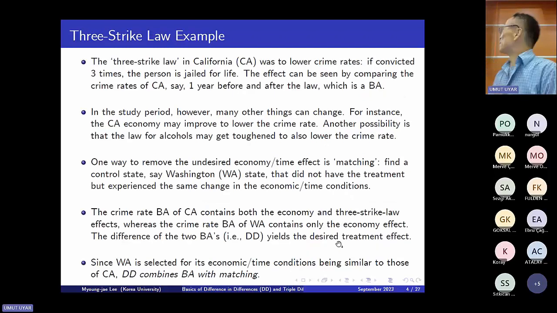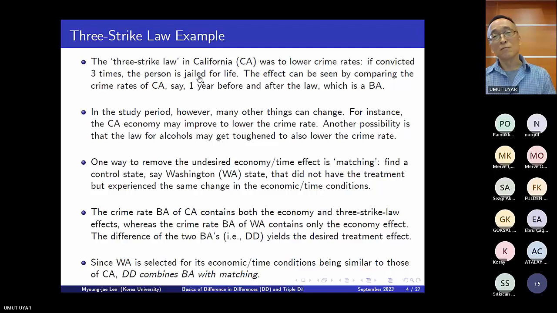So here's an example for DD. A long time ago, California passed a law called the three-strike law, which states that if a person is convicted three times, I guess for felony, then the person will be jailed for life.